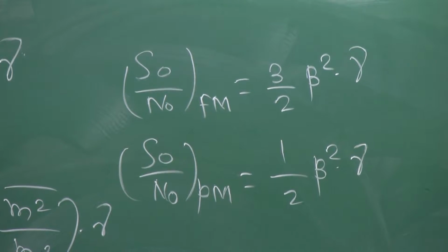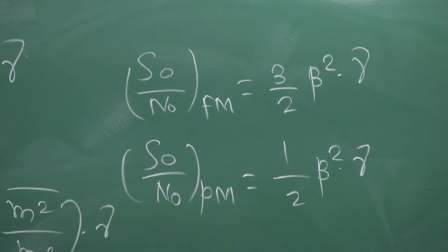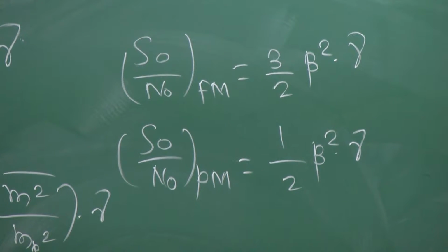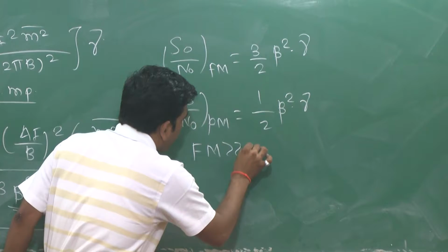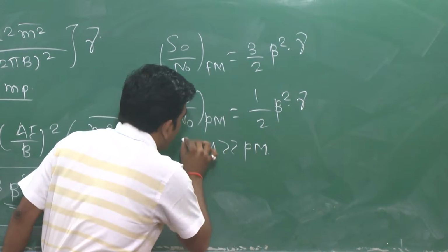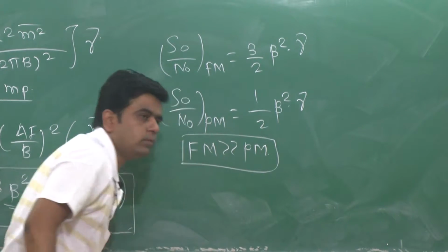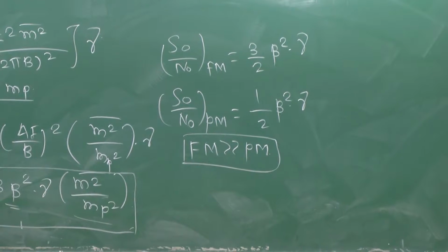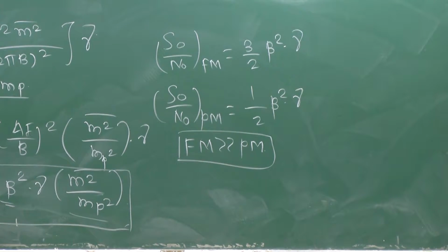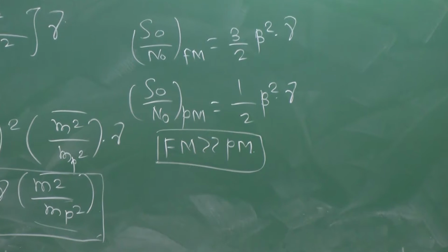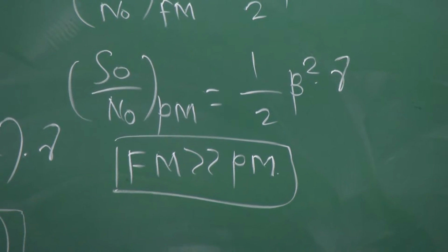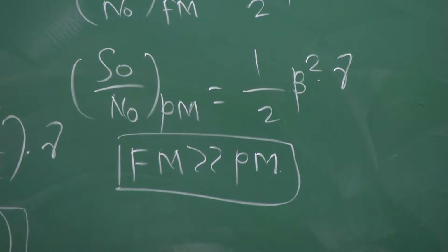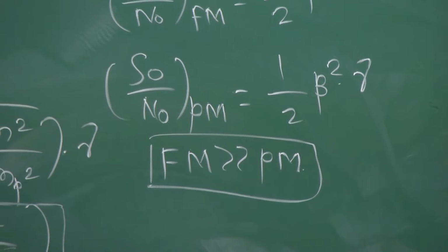Just compare these two quantities, the output signal to noise ratio for PM and for FM. FM is superior to PM by a factor of 3.